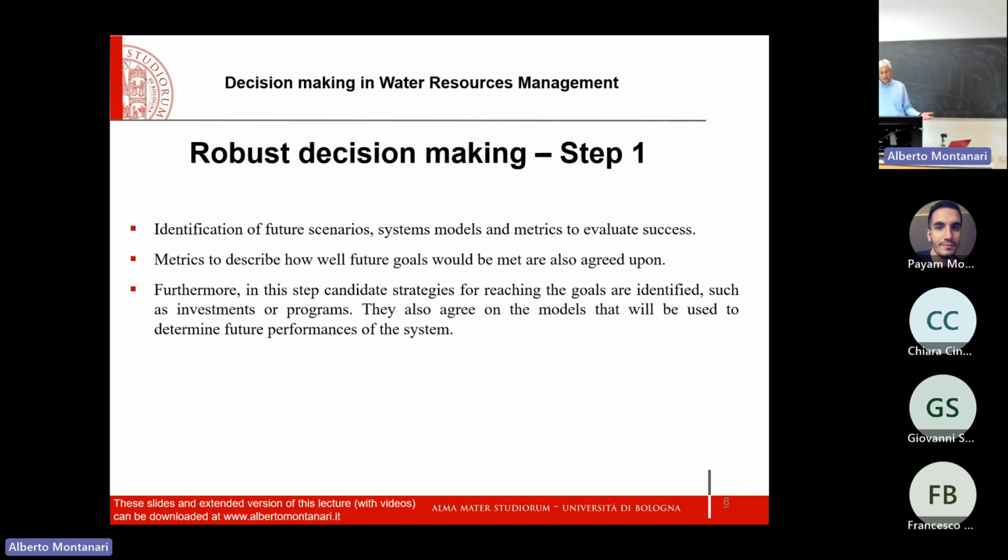identification of future scenarios, metrics to describe performances, and candidate strategies. When we talk about metrics, implicitly we also talk about models for estimating these metrics. We didn't discuss in detail what kind of metrics, what kind of models we could use.